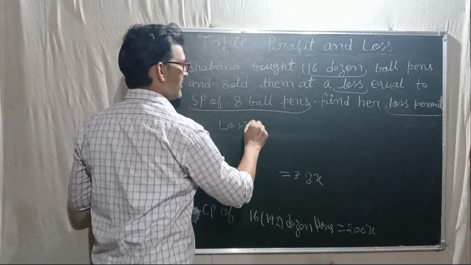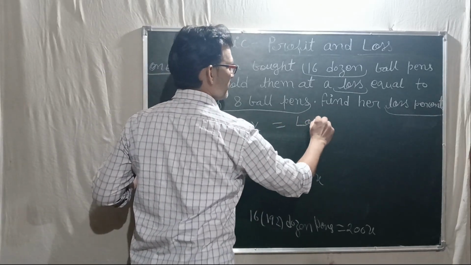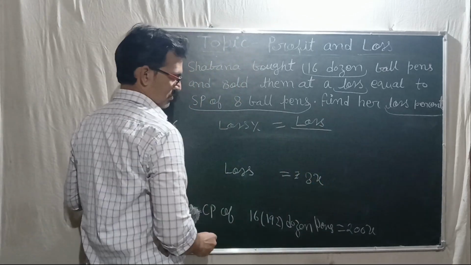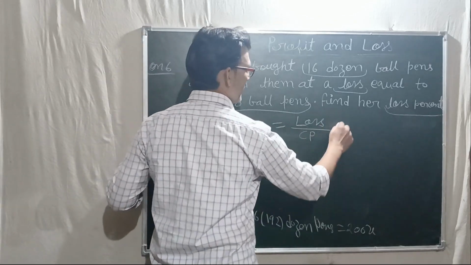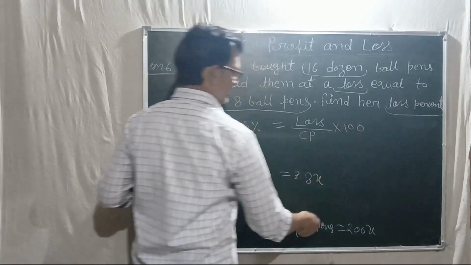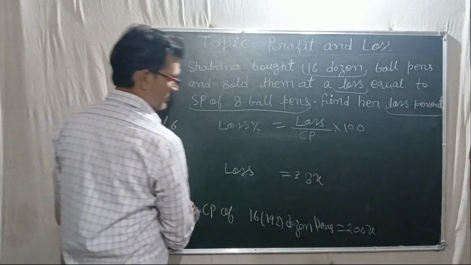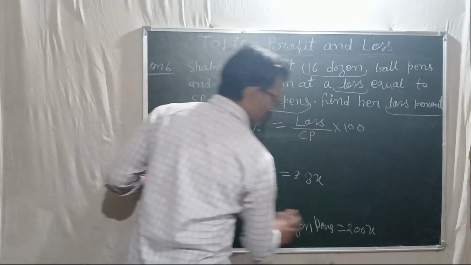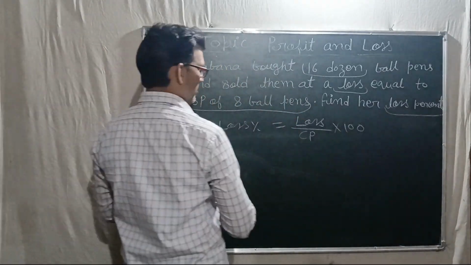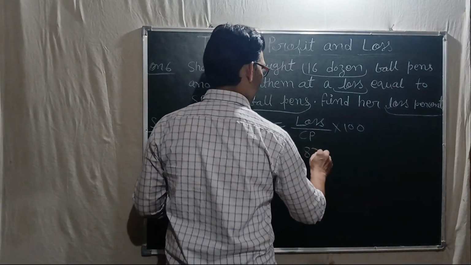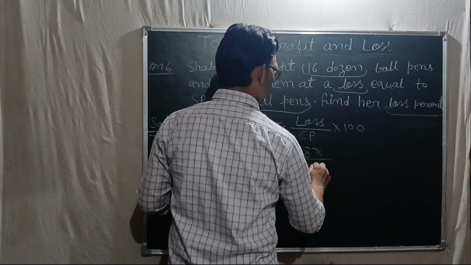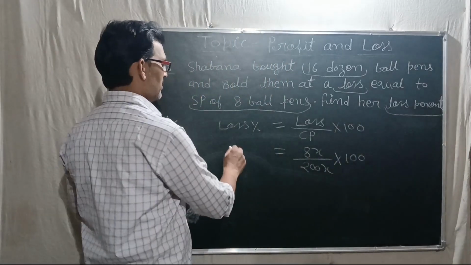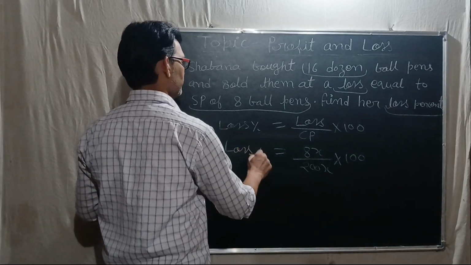So loss percent equals loss upon CP into 100. The CP we already found is 200x, and the loss is 8x. So it is 8x upon 200x into 100. This is our loss percent.